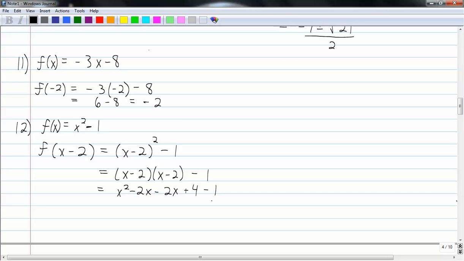And minus 1. So this is x squared minus 4x. And then, because those two are like terms, and then a positive 4 and a negative 1, this will give you a positive 3. So my final answer is x squared minus 4x plus 3. Number 12 is D.